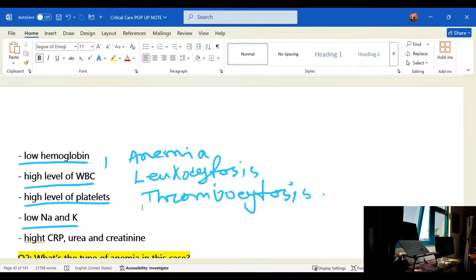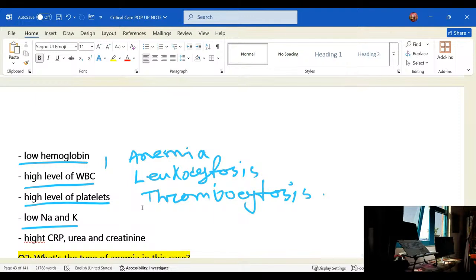Instead of low hemoglobin, we say anemia. High WBC, leukocytosis. High platelets, thrombocytosis. Low sodium and potassium, electrolyte imbalance, hyponatremia, hypokalemia. High urea and creatinine, impaired renal function.